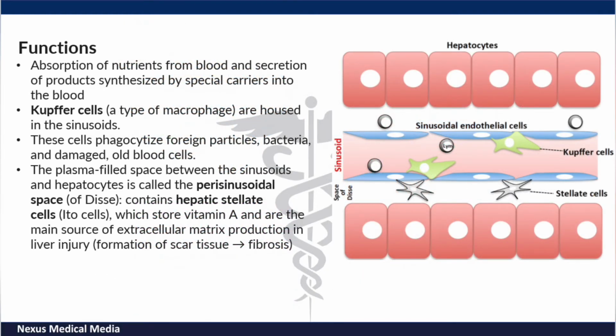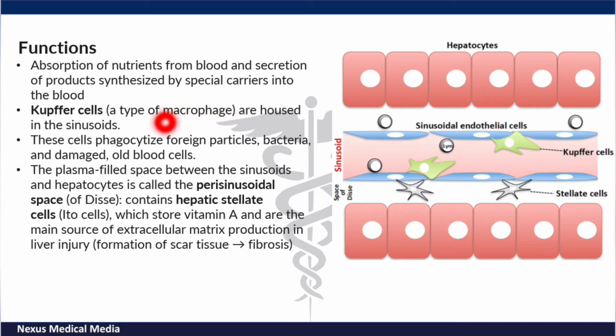What are the functions of hepatocytes? Firstly, absorption of nutrients from blood and secretion of products synthesized by special carriers into the blood. There are Kupffer cells. Kupffer cells are actually a type of macrophage. Macrophages in general come from monocytes in blood. When these monocytes leave the bloodstream into different organs, they are given special names.